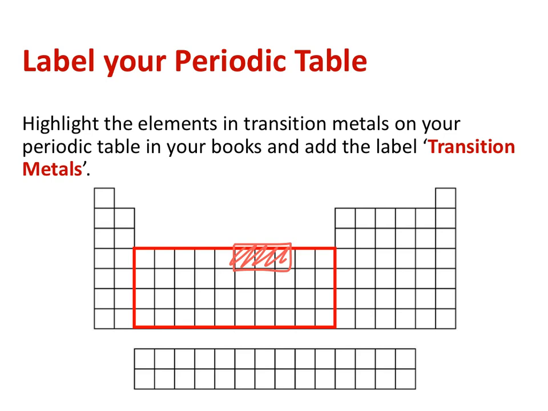Maybe you've linked to a few of them in a few examples because you've got your metals and non-metals line fairly close to that as well. You should have labelled group numbers 3, 4, 5, 6, 7 and 0. You might have labelled your periods down the side as well. So there's all sorts of information that we've got around our periodic table now.